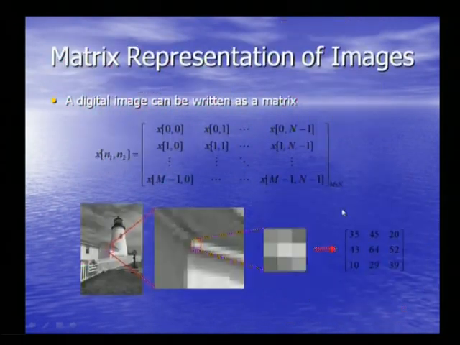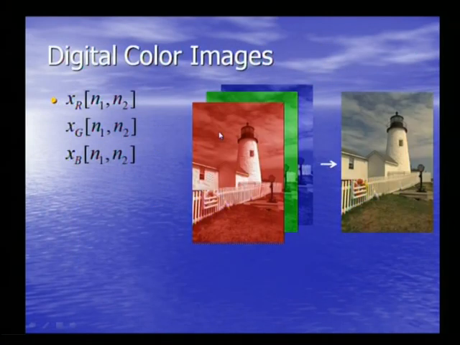This is the graphical representation of an image. Now the matrix representation of an image. Generally, a matrix is in rectangular format. This is for a grayscale image, a matrix x of m comma n, with values x00 to xnn. A digital color image is represented as red, green and blue, merging these three values.